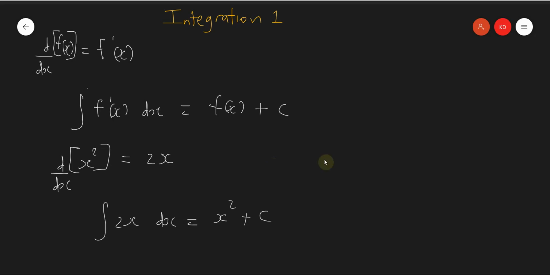2x could be the derivative of, let me just write it here. So let's say we're asked to differentiate x squared plus 3, then that is 2x, right? Because if we differentiate x squared, we're going to get 2x, and if we differentiate 3, we're going to get 0. So 2x is the derivative of x squared plus 3.